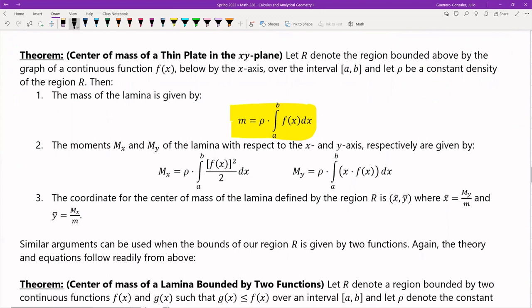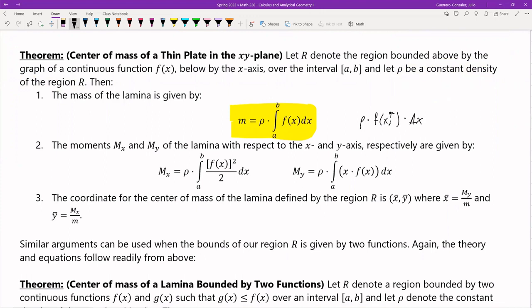Notice that if you recall the shape, it was rho times f of xi star times delta x. And look at what the mass is with an integral.